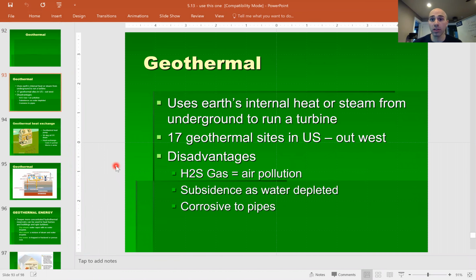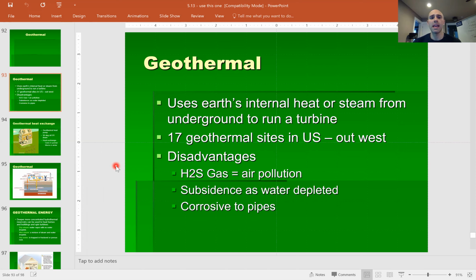Geothermal uses Earth's internal heat or steam from underground to run a turbine. There are 17 geothermal sites in the US, out west. The disadvantages, as always, you need to know that there are advantages as well as disadvantages, okay?